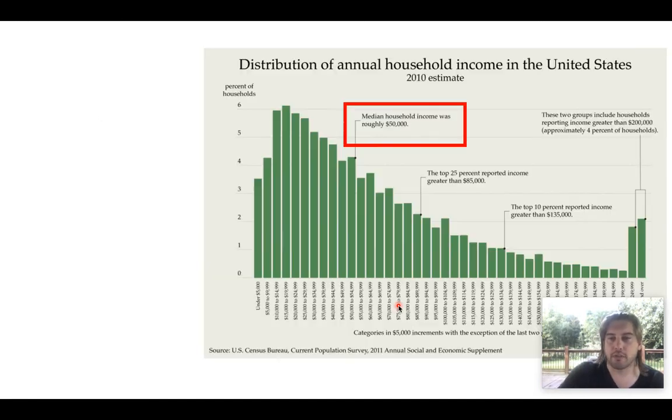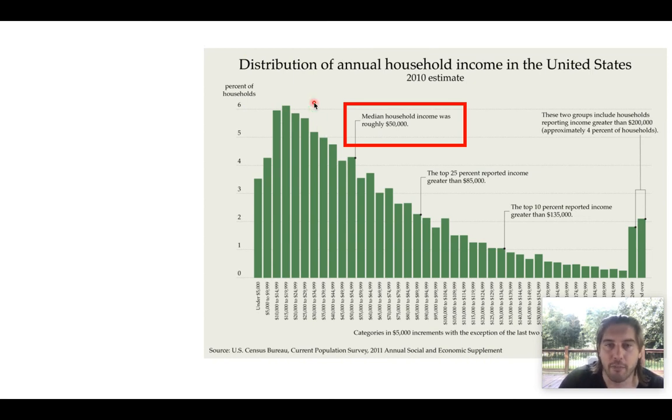Another place where you often see the median used is in economics for describing income. In this chart, we see data from the U.S. Census in 2010, and it's basically a frequency diagram. They've done percentages on the y-axis.